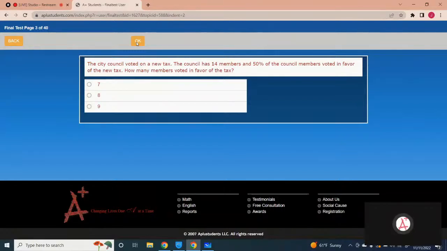The council has 14 members and 50% of the council members voted in favor of the new tax. How many members voted in favor of the tax? So 50% of 14 is 7. That means 7 of the members voted for the new tax. Got it?